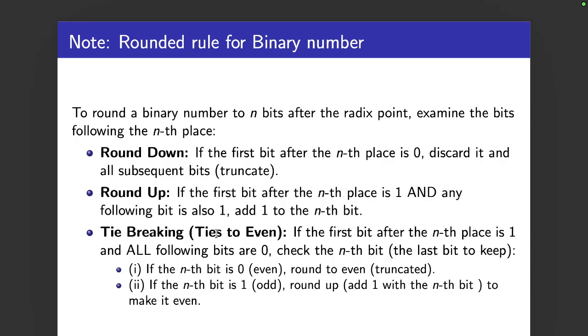Tie-breaking to even: if the first bit after the nth place is 1 and all following bits are 0, check the nth bit, the last bit to keep. If the nth bit is 0, it is even, so truncate. If the nth bit is 1, it is odd, so round up by adding 1 to the nth bit to make it even.